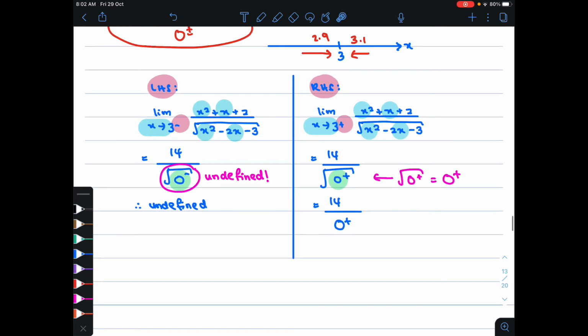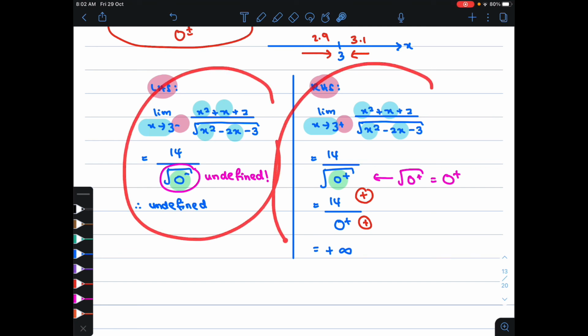And now we know that using case 3, the final answer should be infinity. Is it positive or negative? Look at the sign. 14 is positive. In the denominator, we're going to have positive as well because this is 0 plus. Positive divided by positive will give you positive. And hence, for the right hand side, the answer is positive infinity.